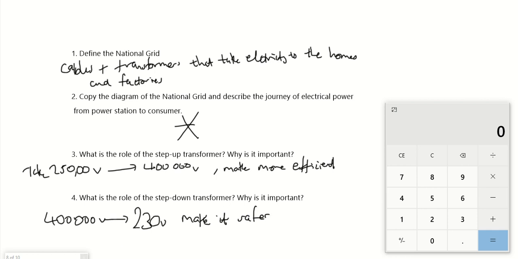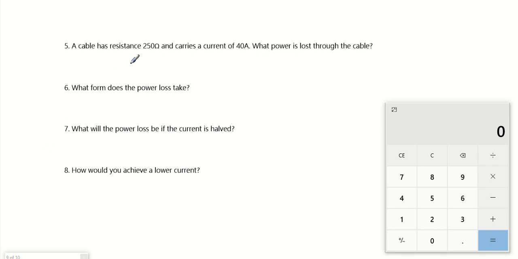Okay. The next thing: a cable has a resistance of 250 ohms. It carries a current of 40 amps. What power is lost in the cable? Now, remember, P equals I times V, or P equals I squared R. These are power equations looking at electricity.